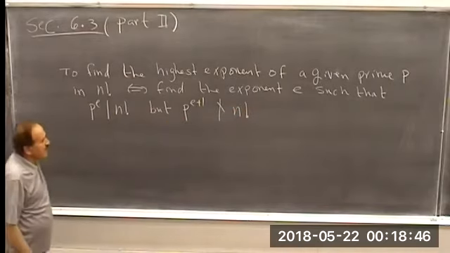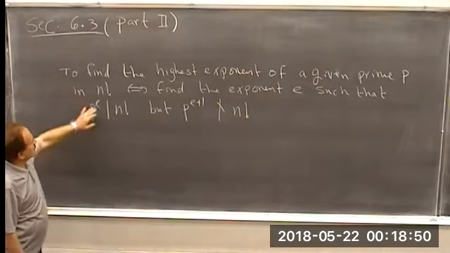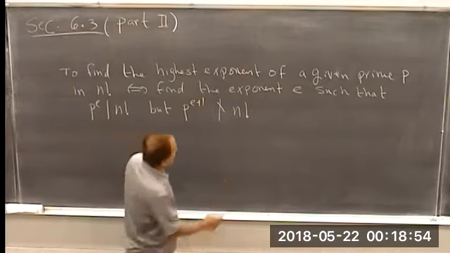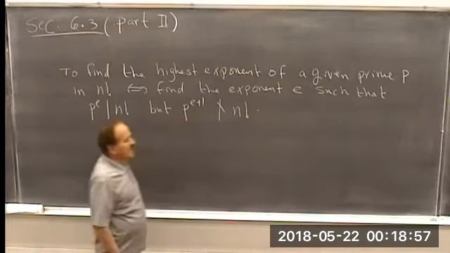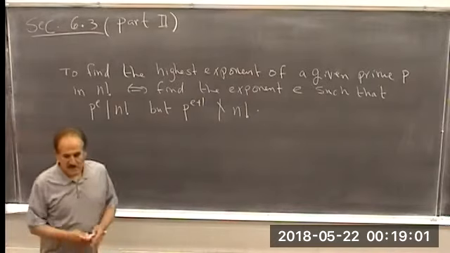All right? So we're going to state a theorem which gives us actually a formula for this highest exponent. But before we state that formula, let's look at an example and show how the proof would go.